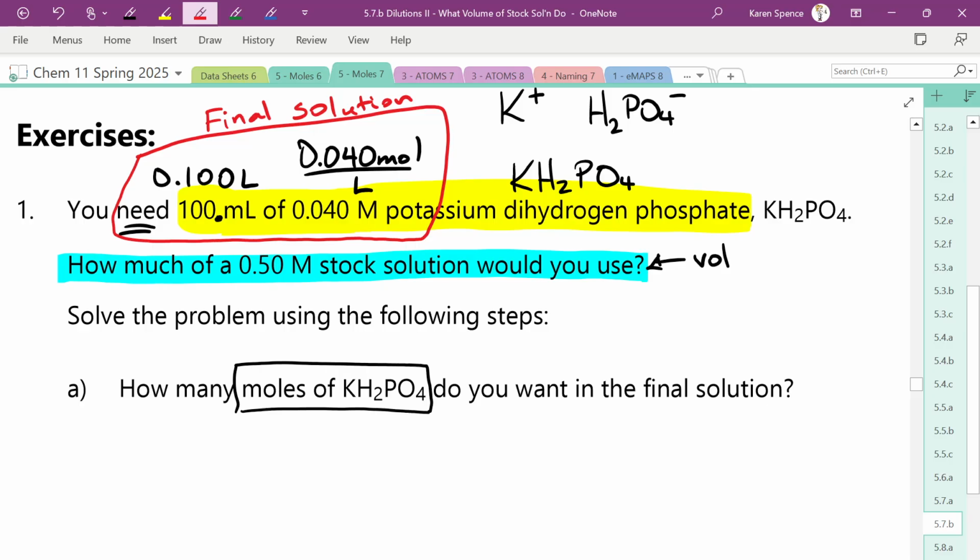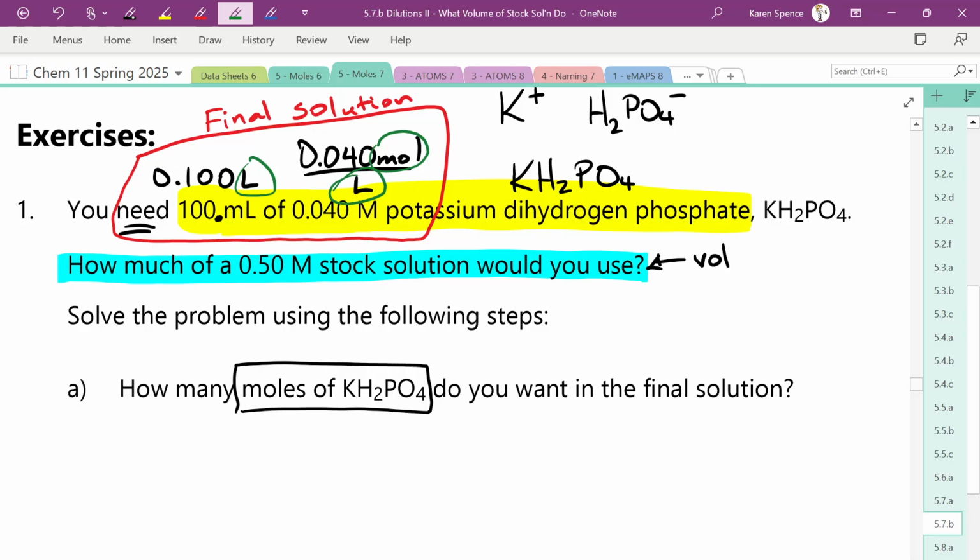Could we find the moles? Tell your partner how you would find the moles. Okay. Do you see how we've got liters and liters? Those can cancel out and we can be left with the moles.